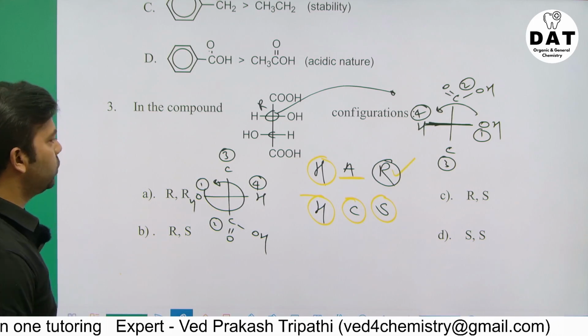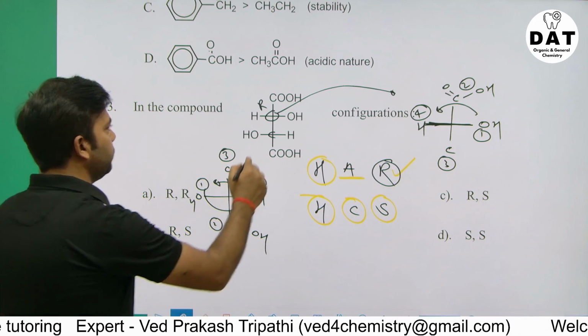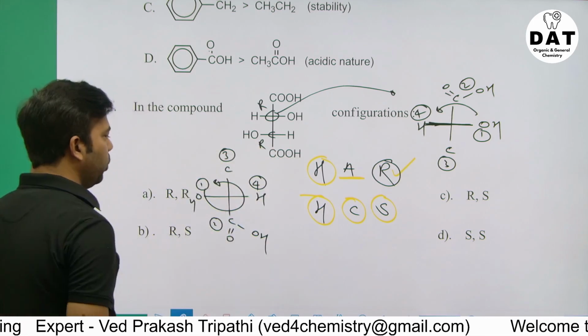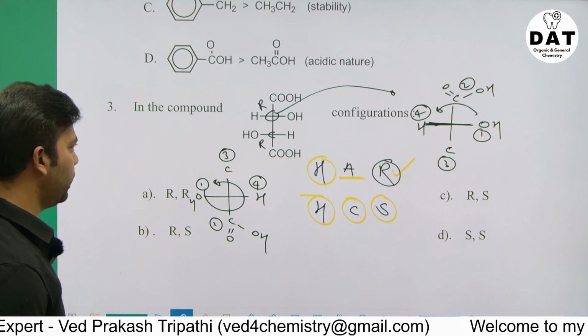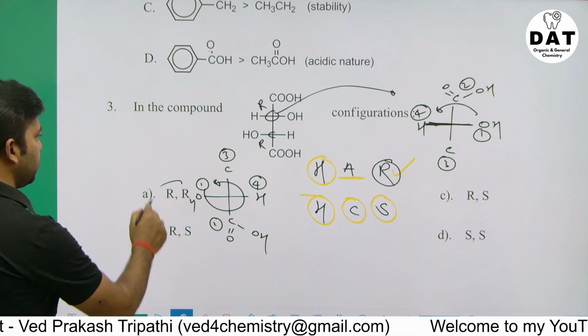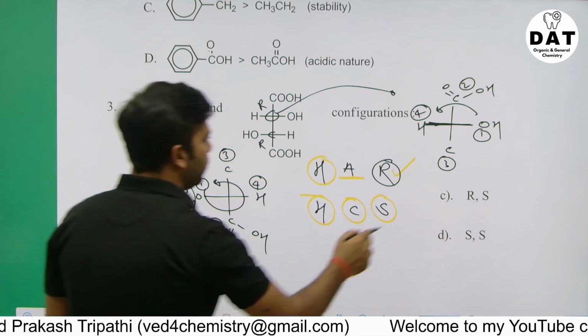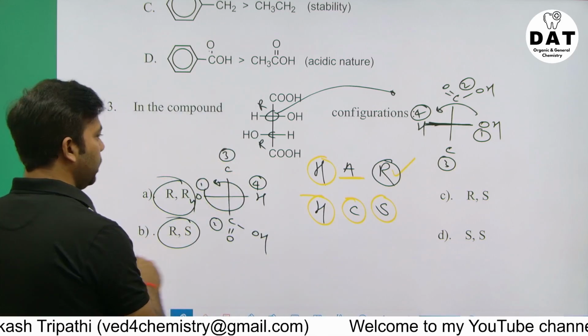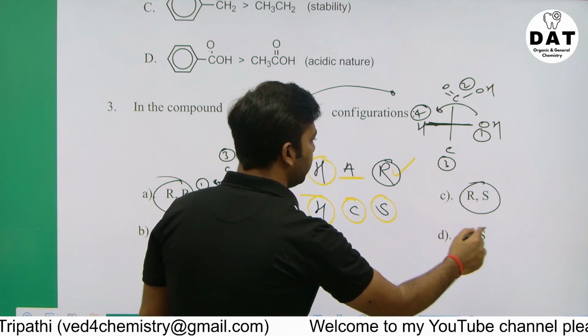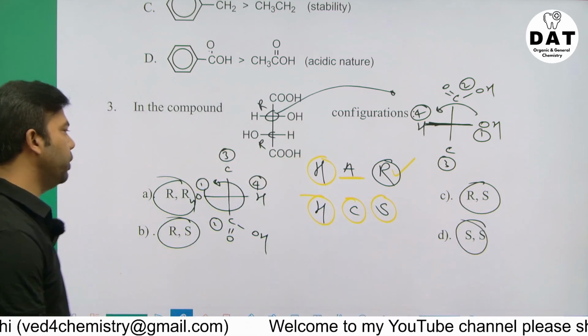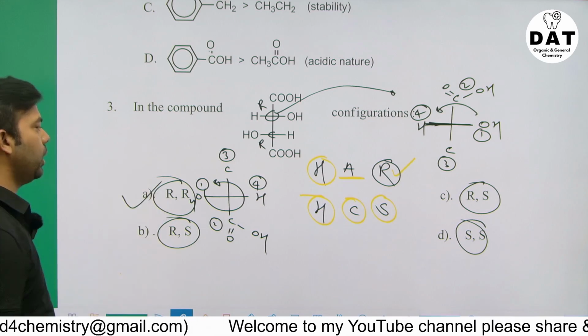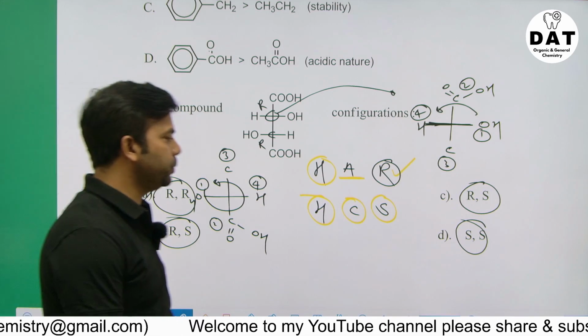So what does it mean? Again R. So both will be R. If you look at the options, the first option is RR, second is RS, third one is R and S, fourth one is S and S. So we will go with the A, R and R. Make sense?